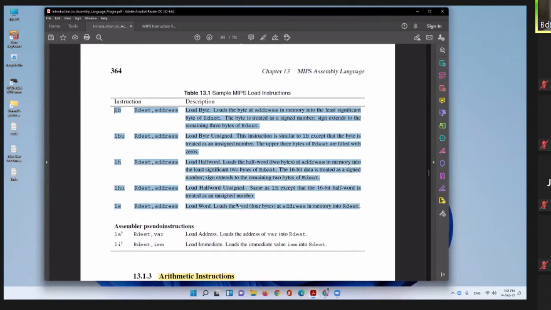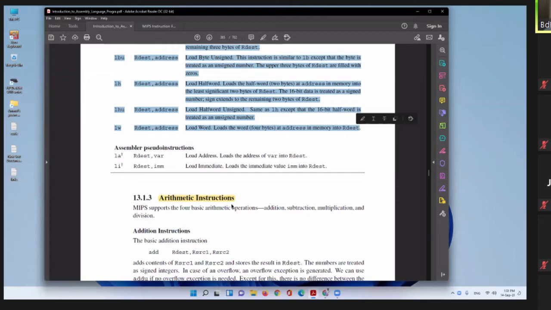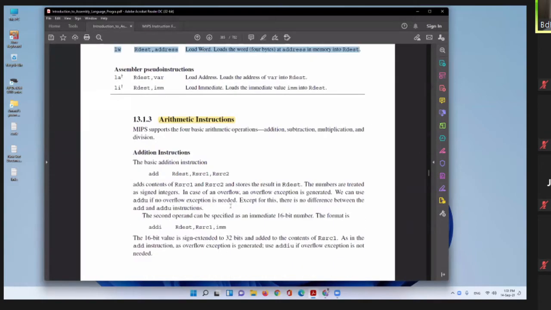Now for arithmetic instructions, we already know addition and subtraction. We have discussed them several times.